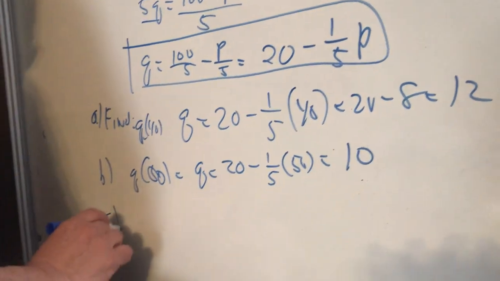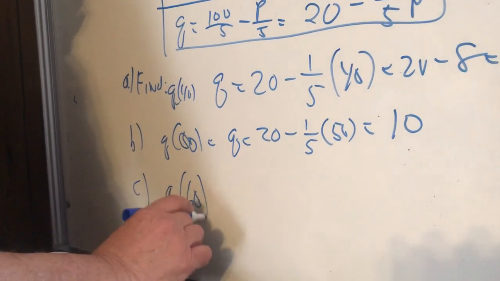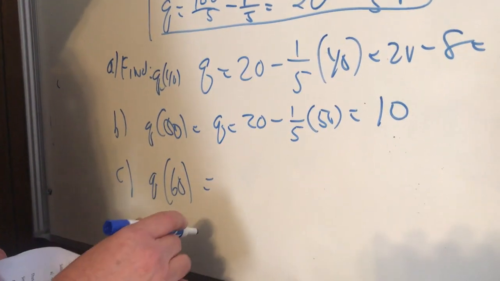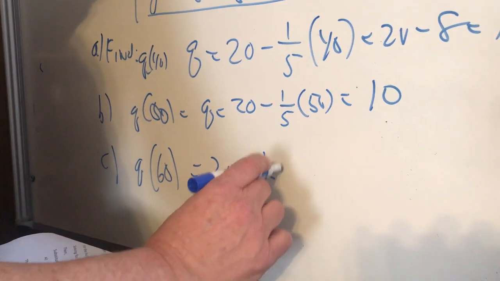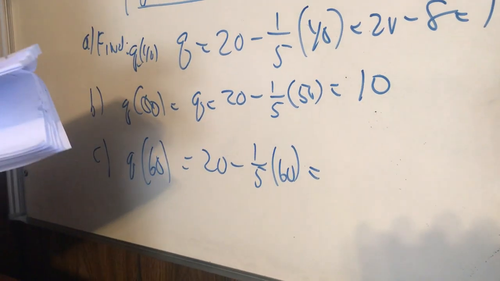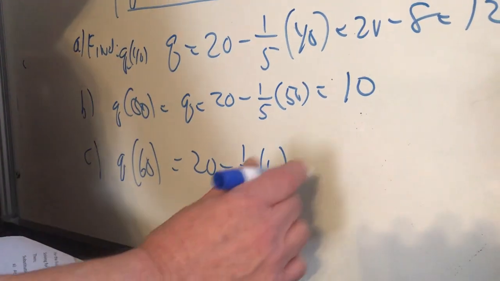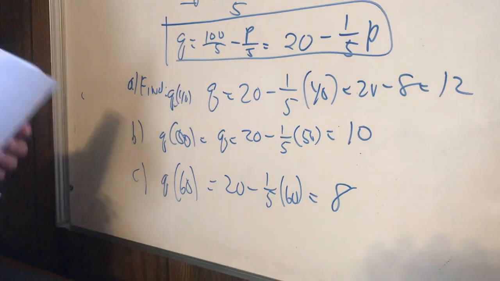And for C, when P is 60, that is going to be 20 minus 1/5 times 60, or 20 minus 12, and this is 8.